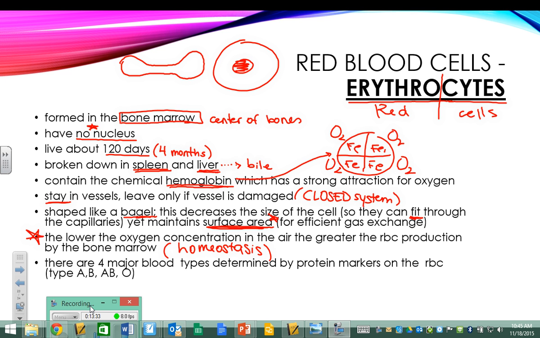If the air that you are breathing has lower oxygen content, your body responds by making more red blood cells. So if you are spending prolonged periods, let's say at high altitudes, your body will realize that you're not breathing in as much oxygen and will respond by making more red blood cells.